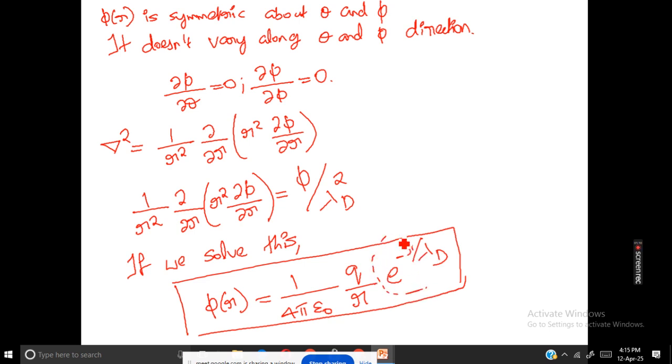This is the potential inside the plasma. So this is an additional exponential decay term, as we are considering the test charge within the plasma. This is the general Coulombic term.